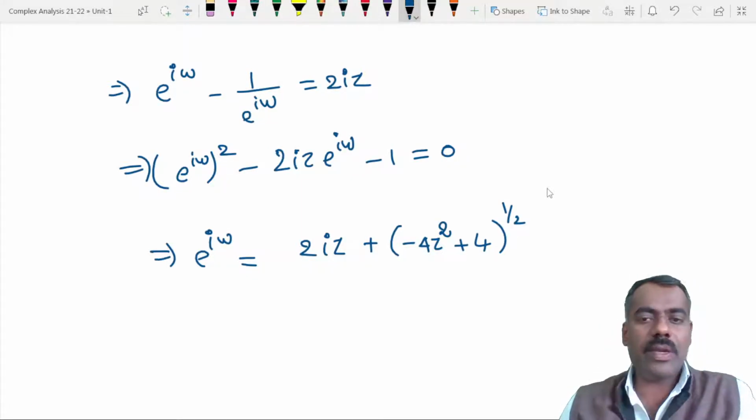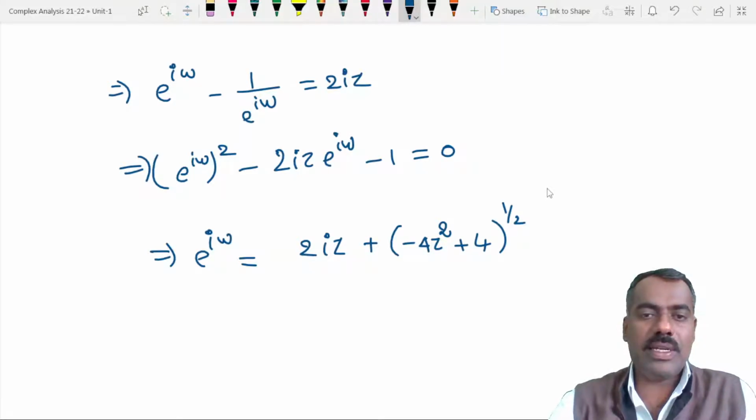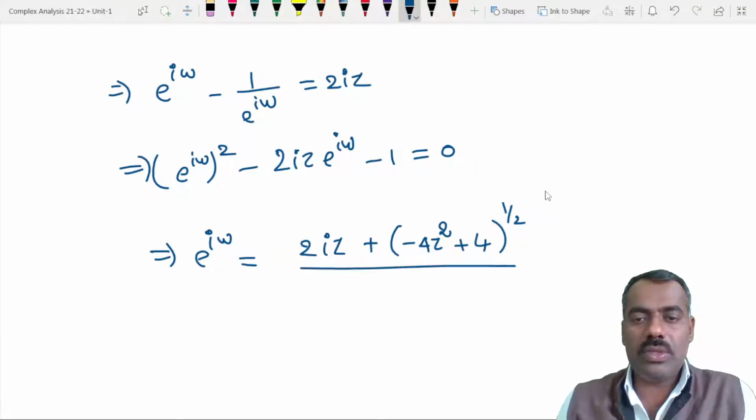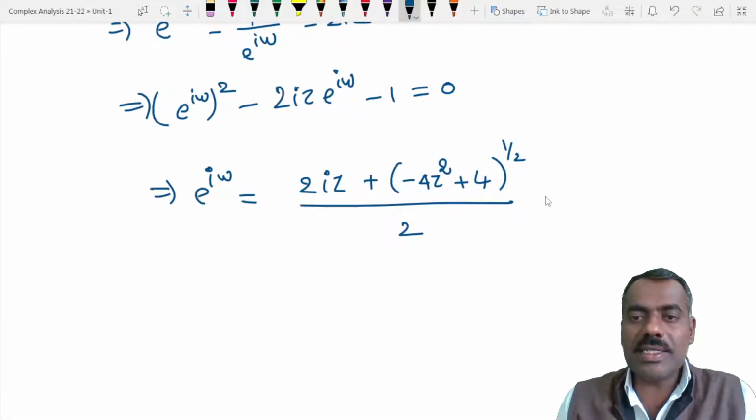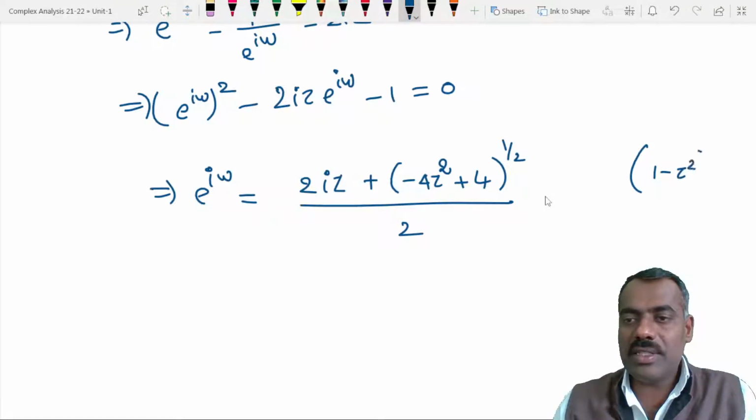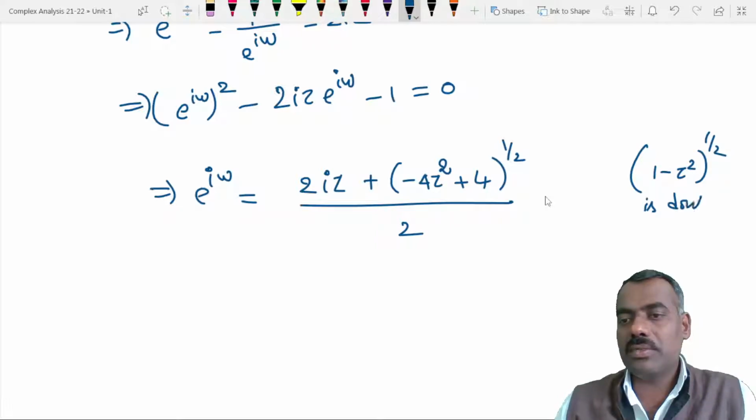So these are the values, or if you want you can put a minus here, it is not a problem, because (1 minus z squared) to the power 1 by 2 is multi-valued.